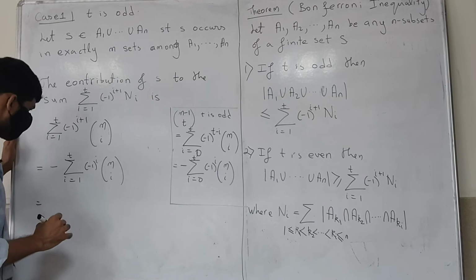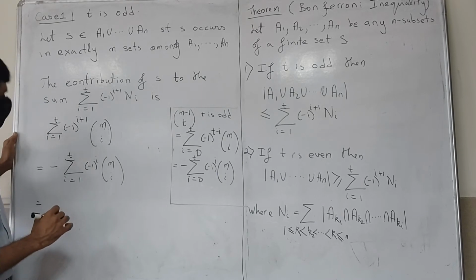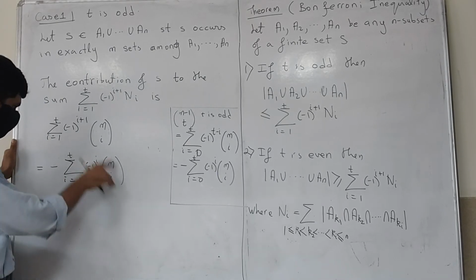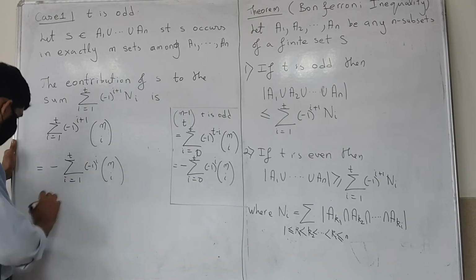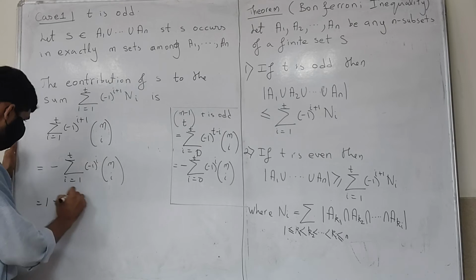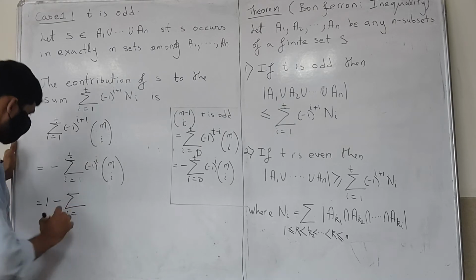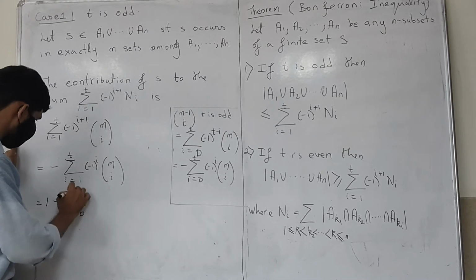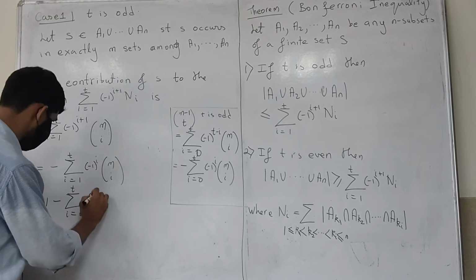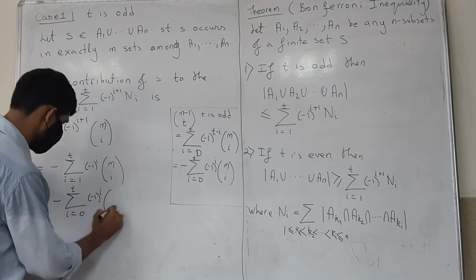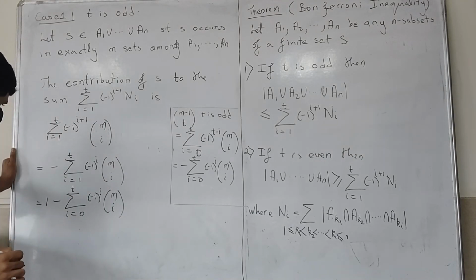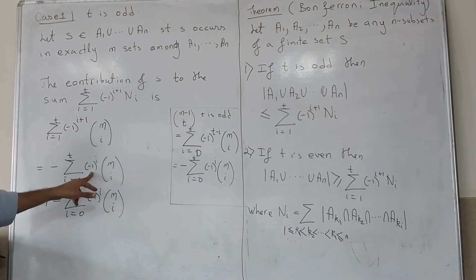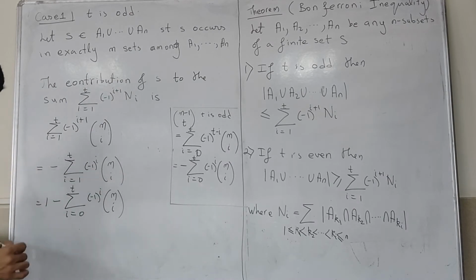So add and subtract the 0th term. What do you get? 1 minus summation I going from 0 to t, minus 1 raised to I MCI. The 0th term is minus 1, right?